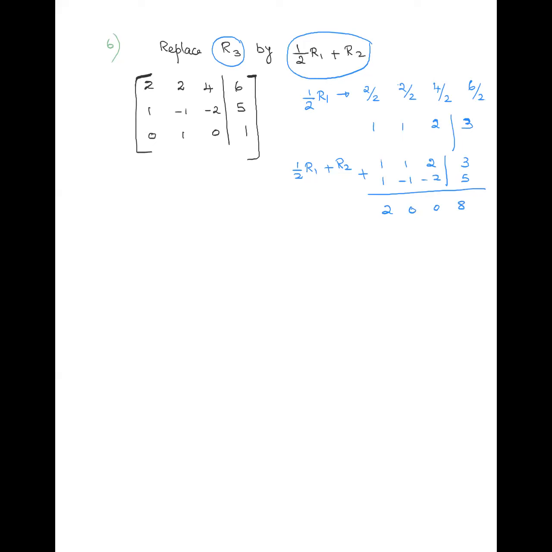So that part is going to go to R3. So R3 is going to be 2, 0, 0, 8. And R1 and R2, we don't do anything to that value. So it's going to remain the same. So this is our final answer here.